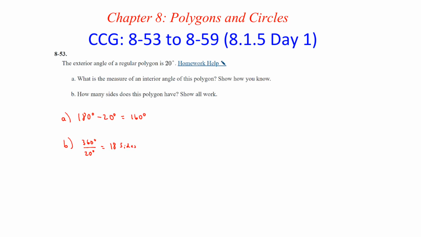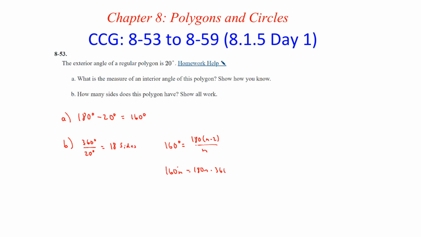Another way you can do it, if you have your interior angle, is you can use the 160 degrees, because that's your interior angle, is equal to 180 times n minus 2 divided by n, and then you can solve that equation. I'll go ahead and do it so you can see that they will be the same answer.